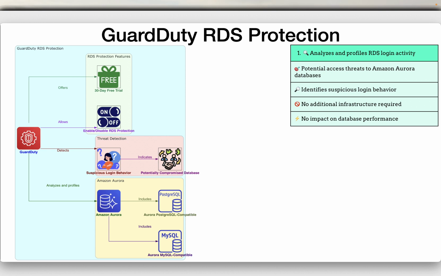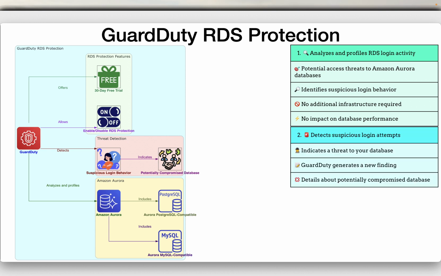So it only supports Aurora within RDS, not any other, just Aurora. This feature allows you to identify potential suspicious login behavior. RDS protection does not require additional infrastructure. It is designed so as not to affect the performance of your database instances. Aurora has two flavors, MySQL compatibility and Postgres, so it supports both, but only the Aurora flavor.